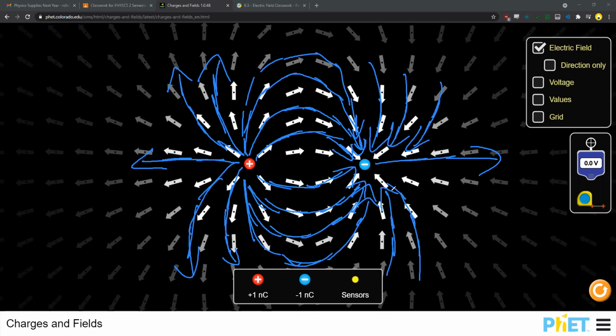I like these electric field lines between a positive and negative point charge the most.